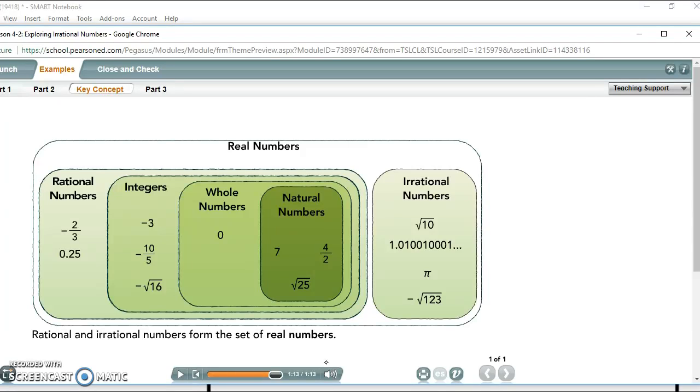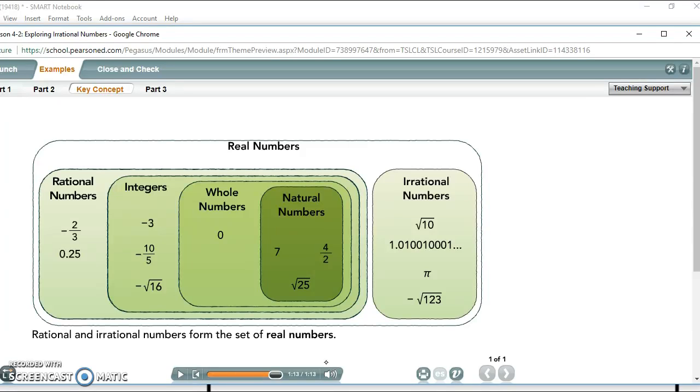My next category up is rational numbers. So rational numbers are numbers that can be written as a ratio or as a division problem. So A over B. So -2/3 can be written as a ratio or a fraction. So -2 divided by 3. So it is a rational number. 25 hundredths as a decimal. This can be written as a fraction or a ratio.